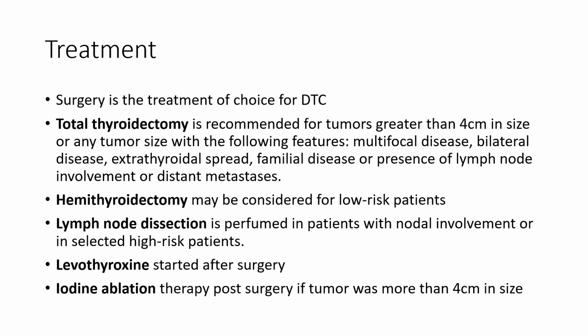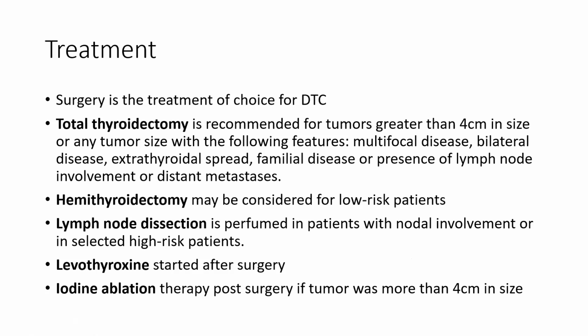So these are patients with a tumor size that's greater than 4 centimeters, or that have any of the following features, which are multifocal disease, bilateral disease, if there's extrathyroidal spread, familial disease, or presence of lymph node involvement or distant mets. If there's advanced disease or high risk for advanced disease, that is high risk patients, such patients will need a total thyroidectomy.